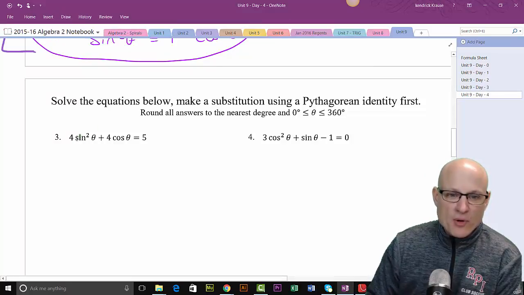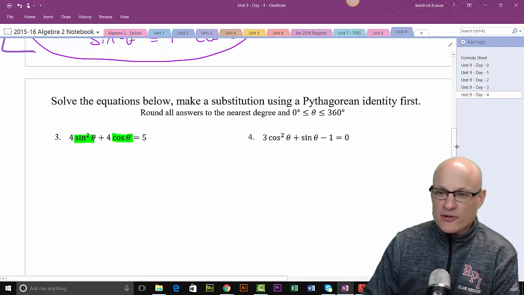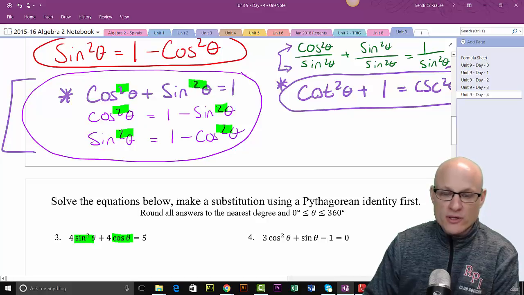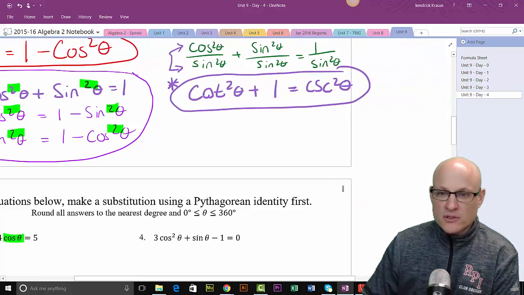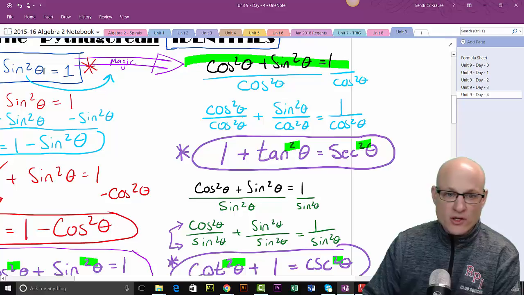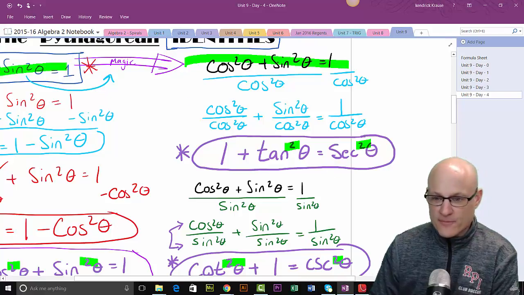I have both sine and cosine. Now, if you look up here at all this stuff I did, do you see a squared? All kinds of squared stuff, right?